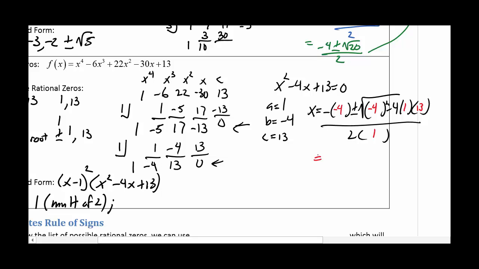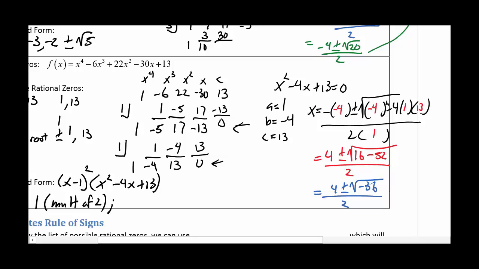All right, so we get 4 plus or minus the square root of 16 minus 4 times 13, which is 52, over 2. And that's 4 plus or minus the square root of negative 36 over 2.